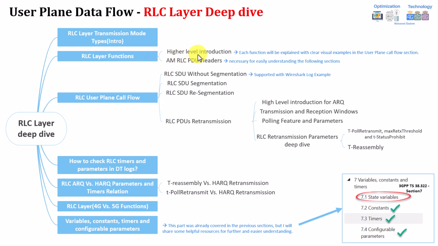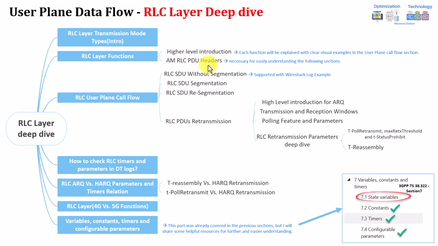Then we'll go through the RLC layer functions. I will give a quick high-level introduction about the functions. Then for these functions, we'll take them one by one, for example segmentation, resegmentation, and retransmission, which will also be covered in a deep dive. But before I go into this function deep dive, I will explain the RLC PDU headers.